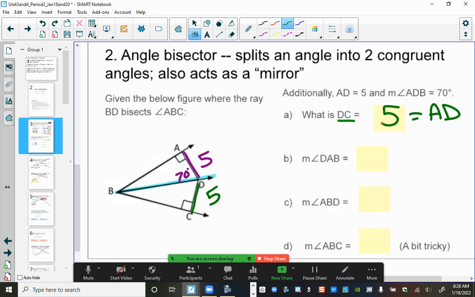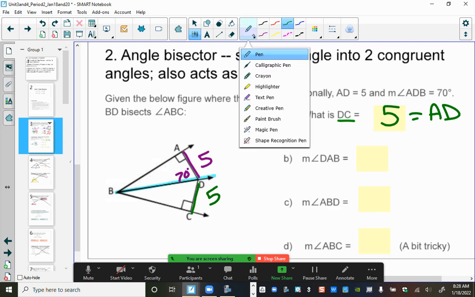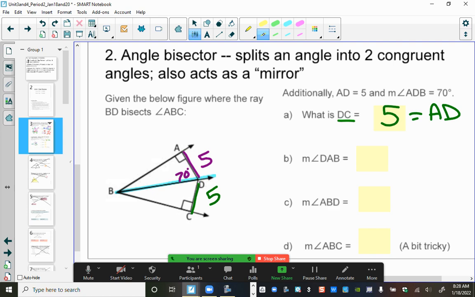Now, let's talk about a few other things. Again, here's where the highlight is going to come into play. Here's D, here's A, there's B. Given what we just highlighted, how many degrees will DAB be?